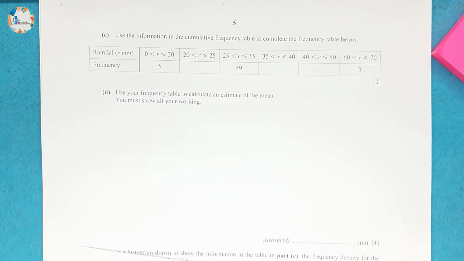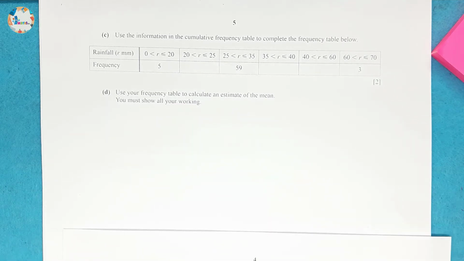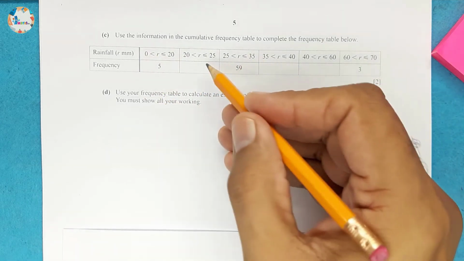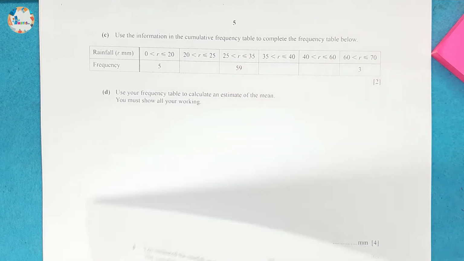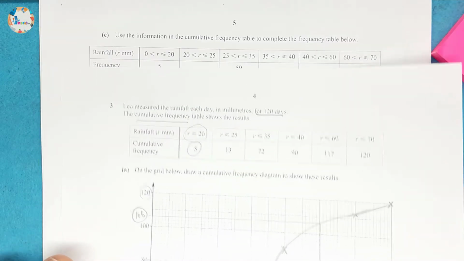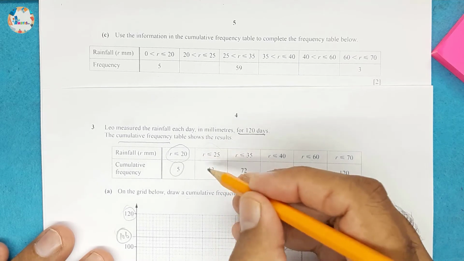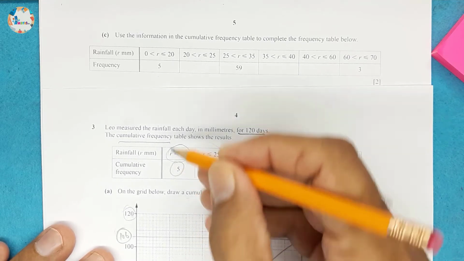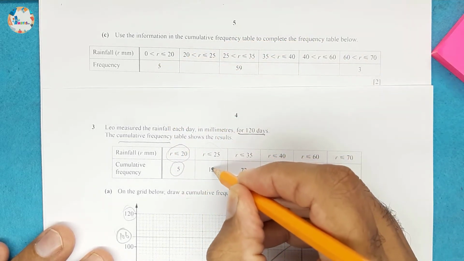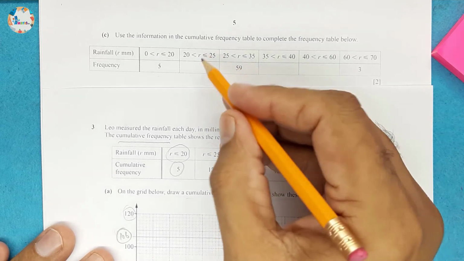Now use the information in the cumulative frequency table to complete the frequency table below. So we have to use the information, 0 to 20 are 5. So up to 25 we basically have to use this table. So this 5 is here, then this is 13. So 13 minus 5 will be 8.